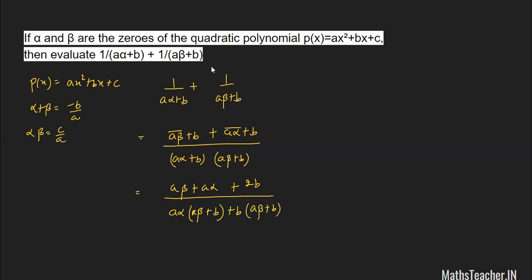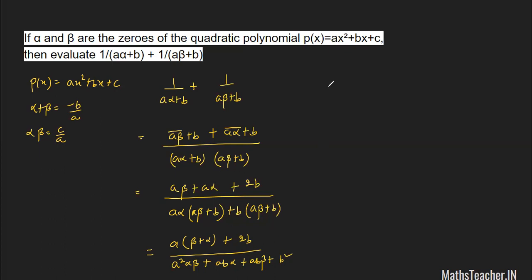Okay? Let's move to the next one. There is something which is coming out to be common. If I take a common, it will be a times (beta plus alpha), plus 2b. In the denominator, I'm going to multiply, so it is coming out to be a² alpha beta plus ab alpha plus ab beta plus b², right?